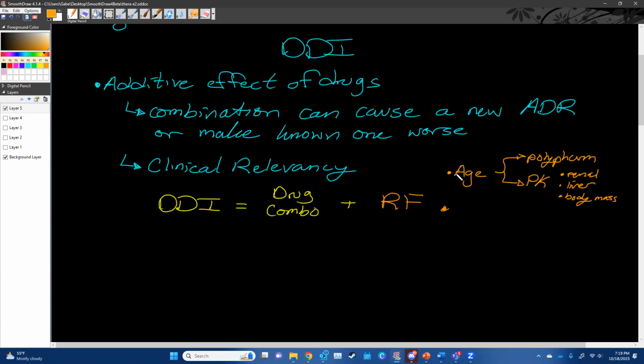The other risk factor that we really care about is their past medical history. We can divide this into ideas of acute versus chronic. The way to think about this is an acute disorder is going to cause more changes and more interactions than a chronic disorder.